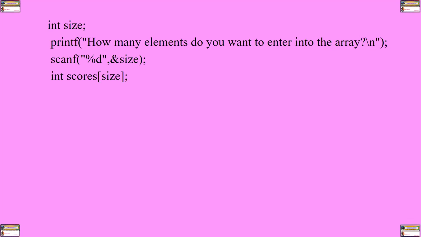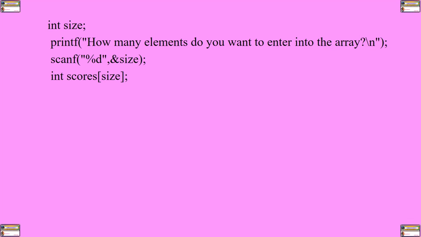Then from there, we declare an array. The name of the array is scores, and the size of that array will be the value that has been entered by the user. So the processor will know the size of this array by reading the value of the memory location called size.